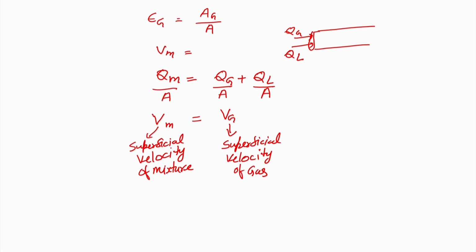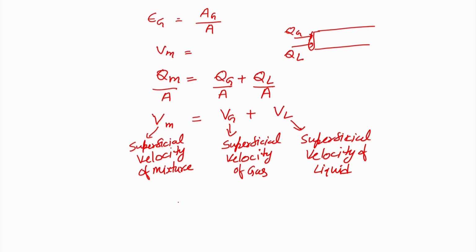That is called the superficial velocity of the gas. We are neglecting the liquid fraction. It means we are assuming the whole pipeline is only filled with gas. Similarly, this term will be equal to VL into A, where VL is the superficial velocity of liquid. It means we are assuming that only liquid is filled inside.